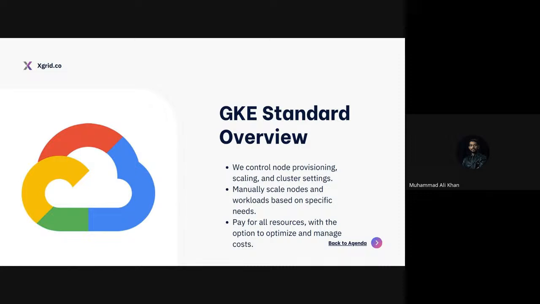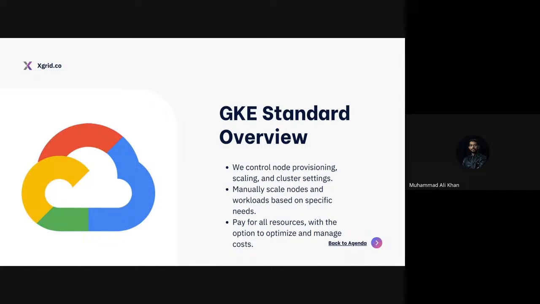But if we talk about managed serverless Kubernetes offerings like GKE Autopilot or EKS Fargate or OKE virtual nodes, the term serverless here doesn't mean that there are no servers. There are servers, but it's abstracted away by the cloud provider itself. So, in a managed serverless setup, you don't have to manage your control plane nodes or your worker nodes.